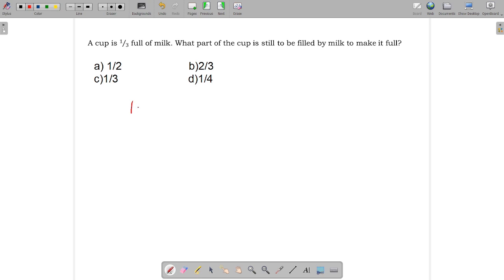From 1 we have to subtract 1 by 3. 1 means the total. It can be written as 3 by 3 also, because total is divided into 3 equal parts. 3 by 3 minus 1 by 3. The common denominator is 3 and 3 minus 1 is 2. So, the answer is 2 by 3. Answer is B.